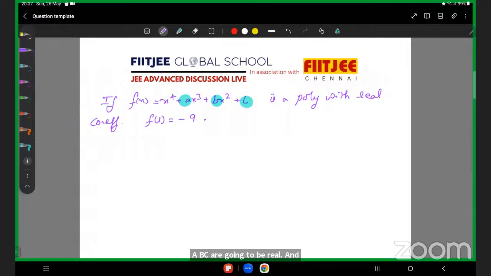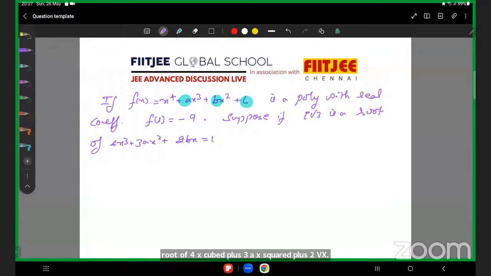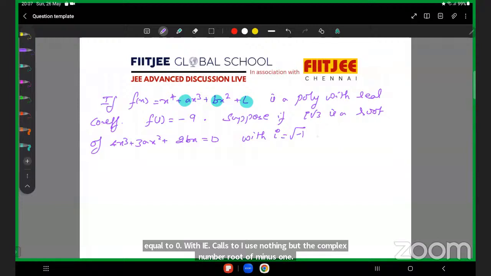Suppose i root 3 is a root of 4x cube plus 3ax squared plus 2bx equal to 0, with i the complex number root of minus 1.